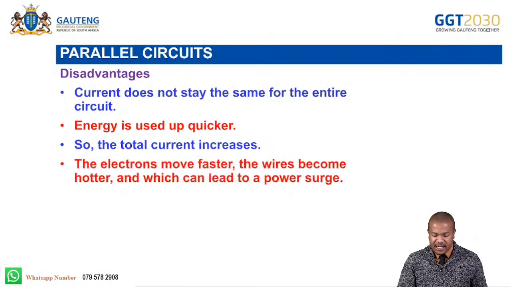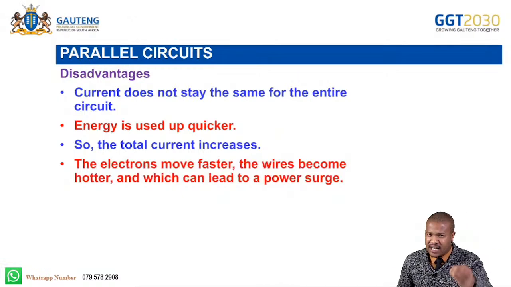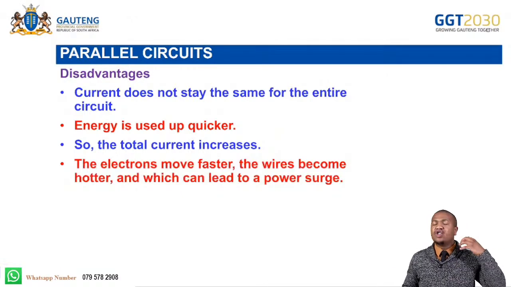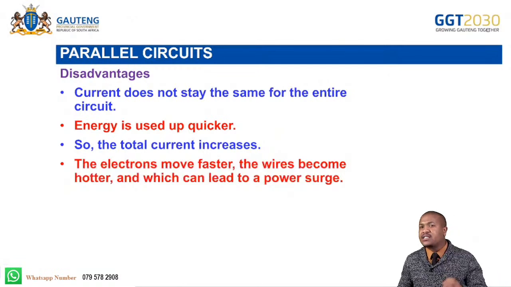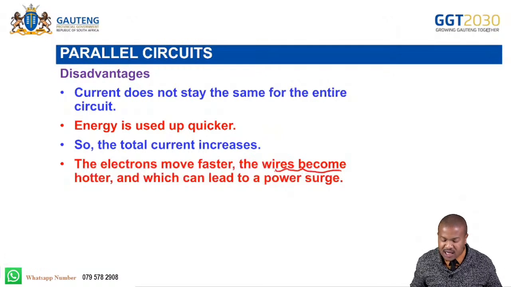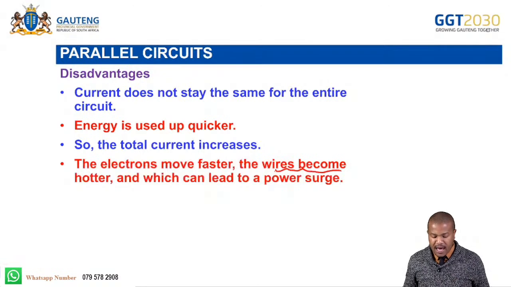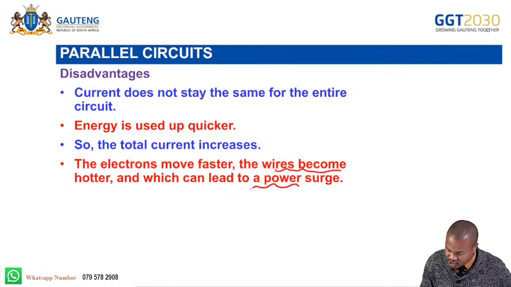As the total current increases, it means the electrons are moving faster and faster throughout the whole circuit. As the electrons move faster and faster, the wires, or our conductors, heat up. They become hotter, and as they become hotter, they can lead to a power surge.